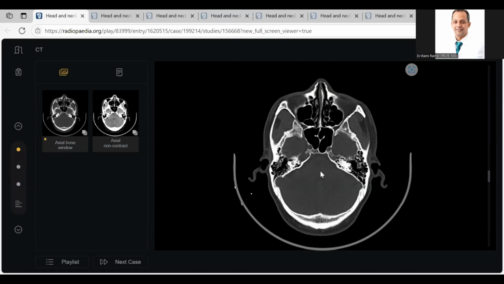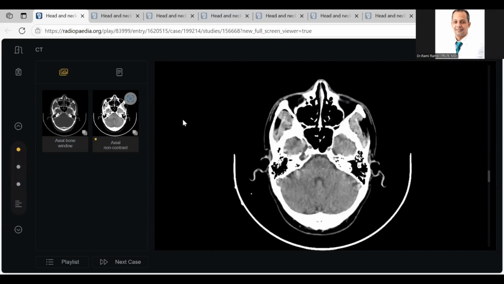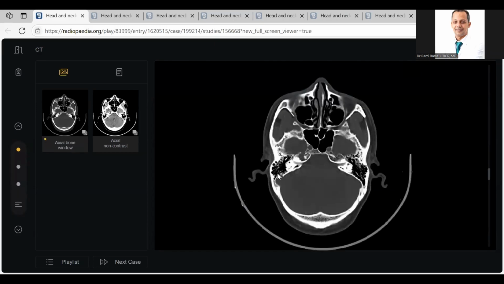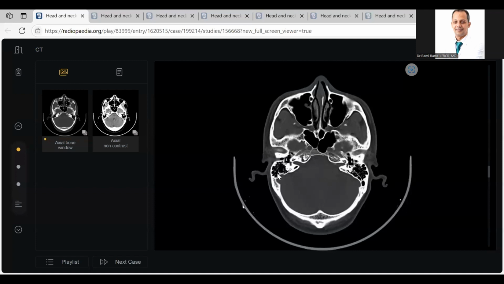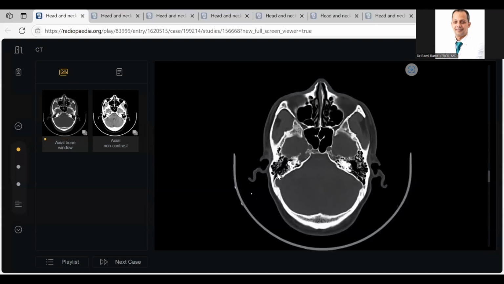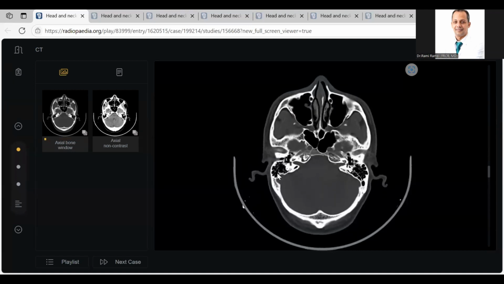There is a lytic lesion that occupies the right petrous apex. Excellent. It has a well-defined margin causing bony erosion, and it has continuity with the middle cranial fossa. There are foci of calcification within the lytic lesion.